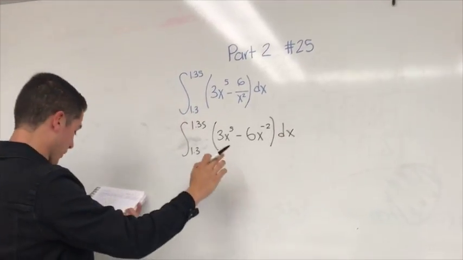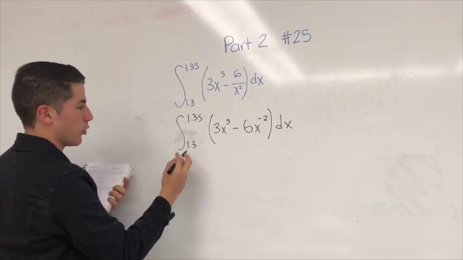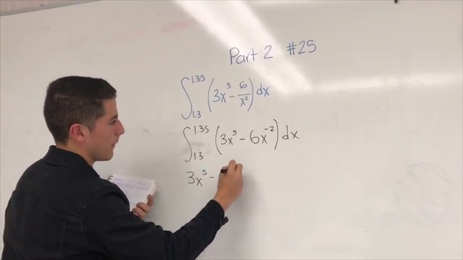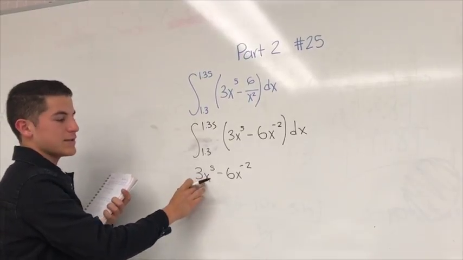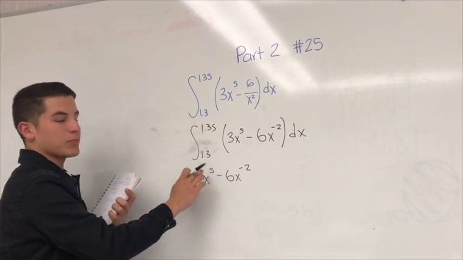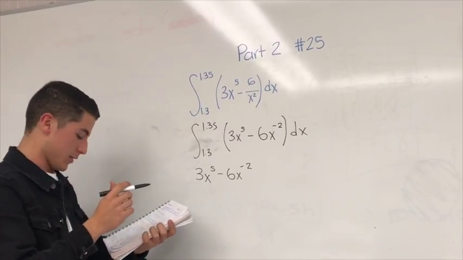So now that you have this ready, you're going to pass it into a normal one without this. And then we're going to use a formula that you multiply this times the exponent plus 1 over the exponent plus 1. I'm going to show you how to do it.